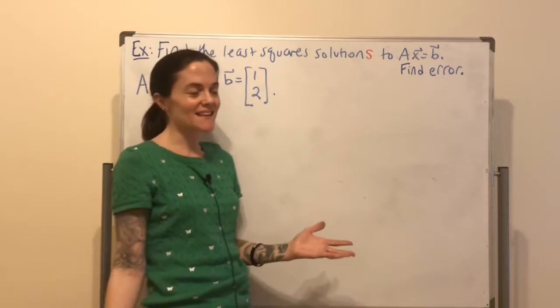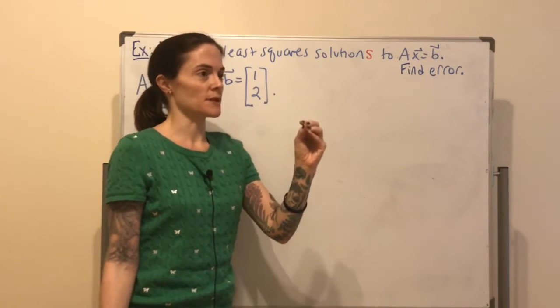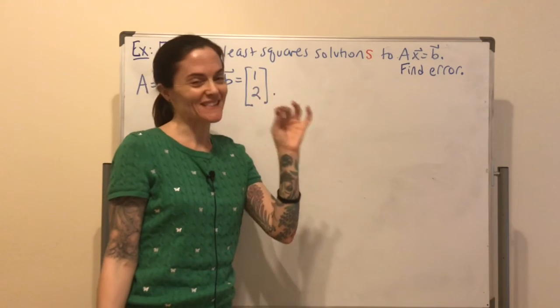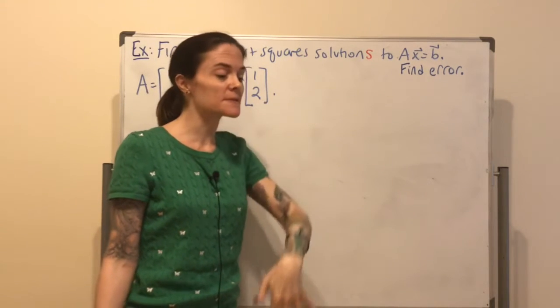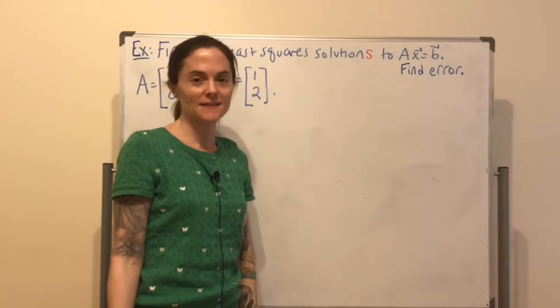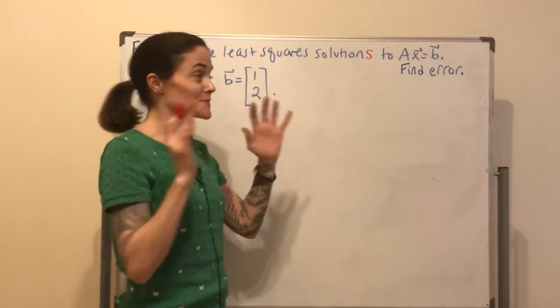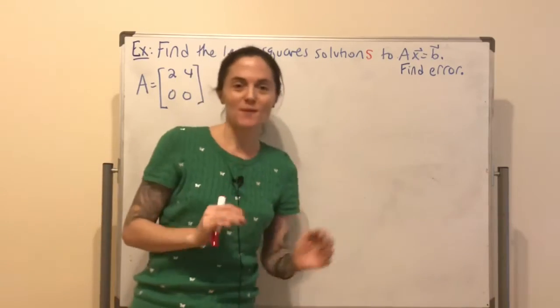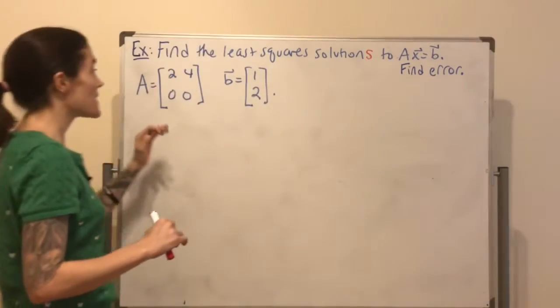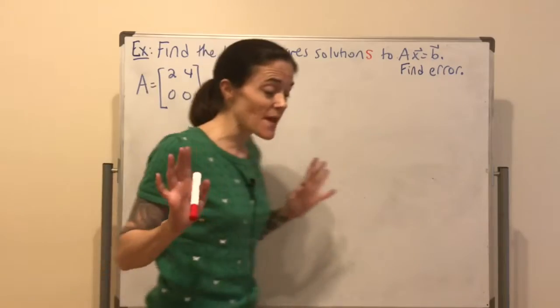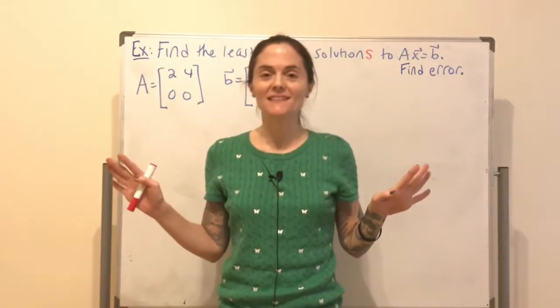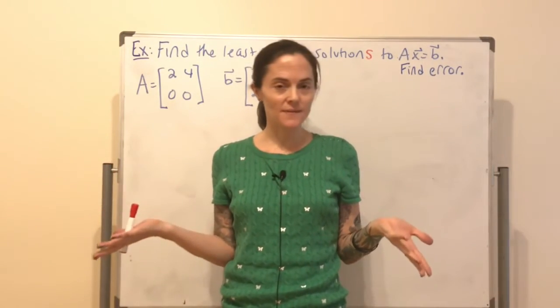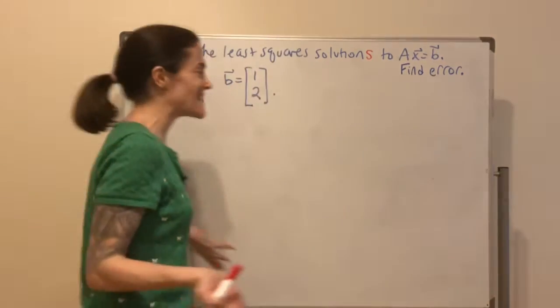There's one least squares solution when the columns of A are linearly independent: you just take, as we did in the last example, A transpose A inverse, and multiply both sides, and you have the unique solution. On the other hand, if the columns of A are not linearly independent, you're going to have infinitely many least squares solutions. And let's see that in this example.